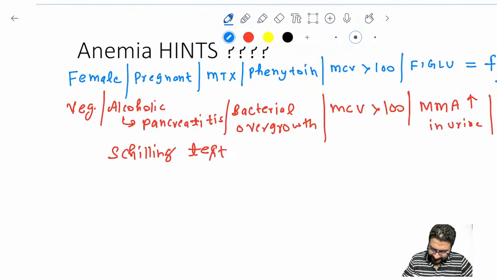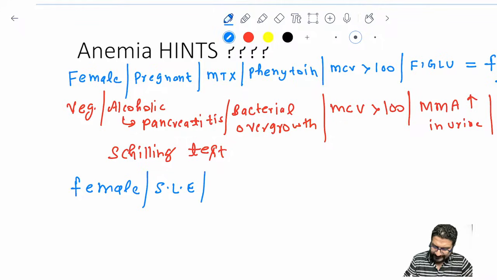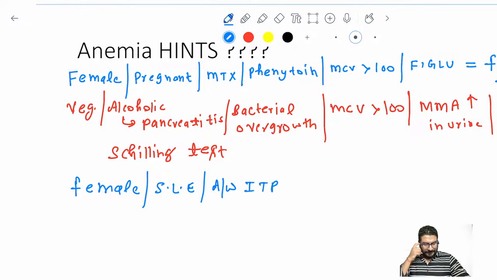So let's say they can give you a patient who is a female with some autoimmune condition like SLE, or it is associated with other diseases like ITP, immune thrombocytopenic purpura.